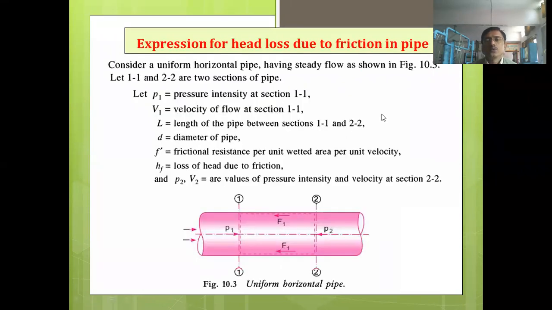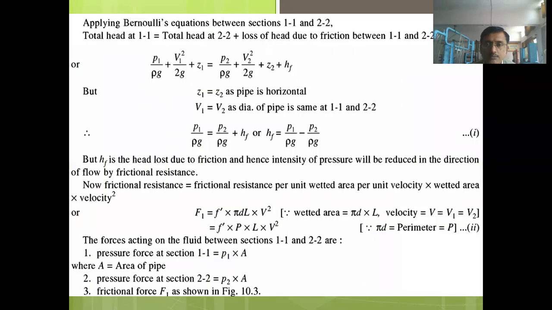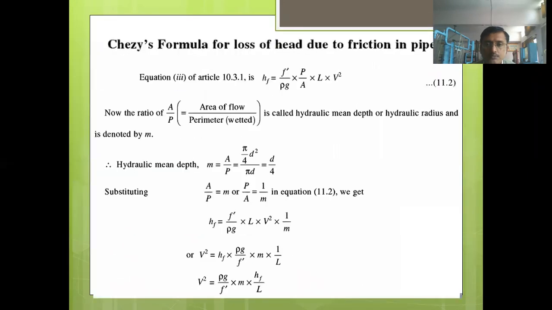Now here we are going to derive an expression for head loss due to friction in pipe. Here we are going to see the expression derivation for head loss due to friction in pipe, and this equation is also called the Darcy Weisbach equation, that we are going to see first here, and after the Darcy Weisbach equation we will see Chezy's formula for loss of head due to friction in the pipe.